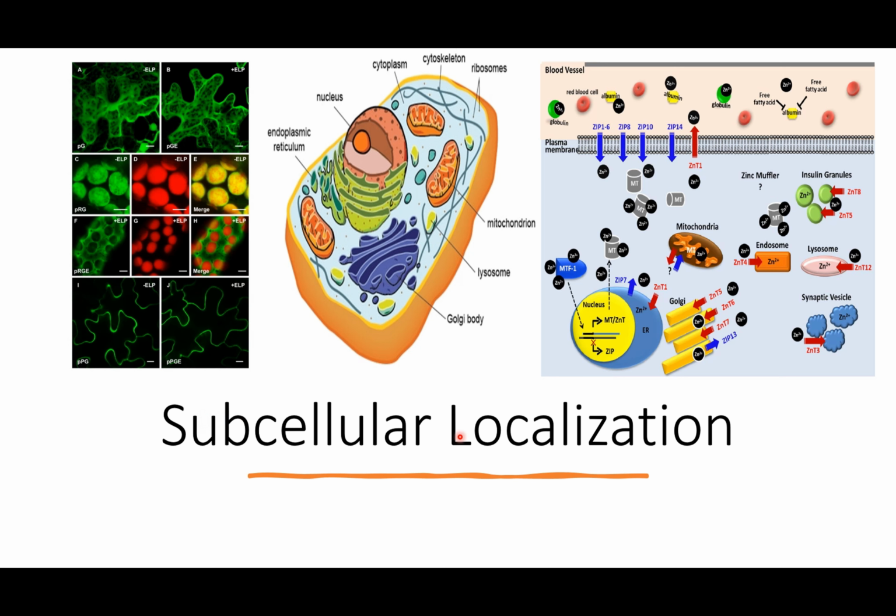One of the most important pieces of information that can be added in the table is the prediction of the subcellular localization. What is the subcellular localization? Studying the subcellular localization is of significant importance in understanding the function and the regulatory mechanisms of our protein.